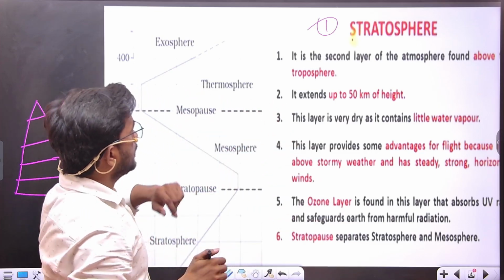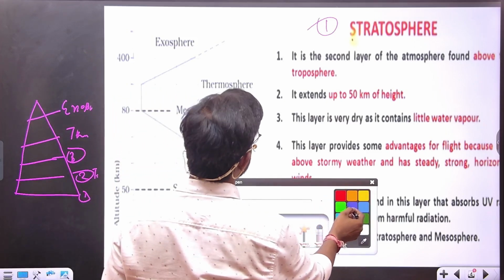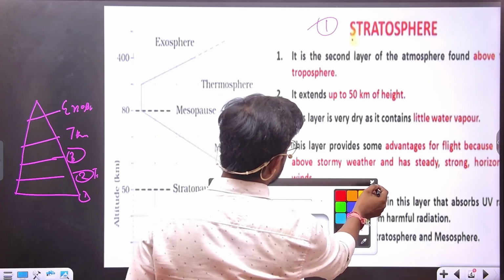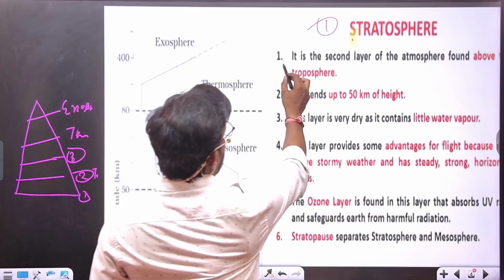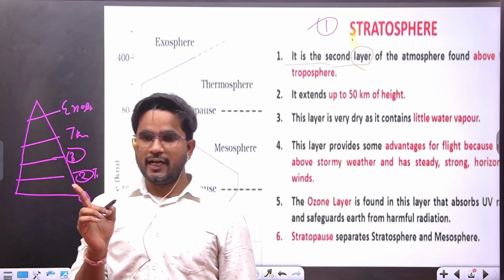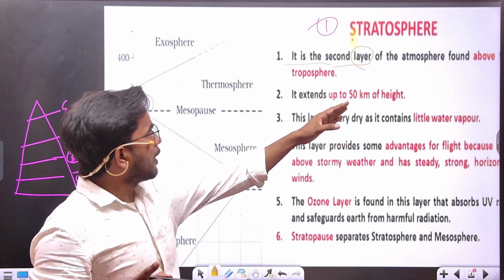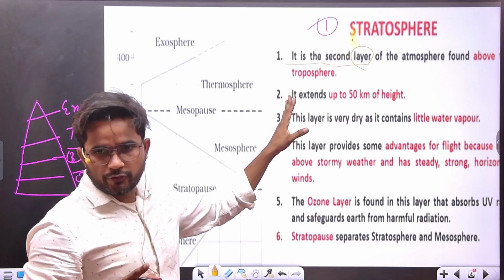The stratosphere is the second layer of the atmosphere, found above the troposphere.